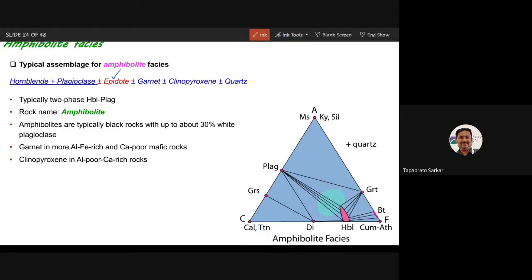Garnet, clinopyroxene and quartz we can also get, but these are plus or minus, which means they may or may not be there. But hornblende and plagioclase will always be there. Any mafic rock metamorphosed within the amphibolite facies condition will always contain hornblende and plagioclase. The other minerals depend on certain conditions, but hornblende and plagioclase are a must.